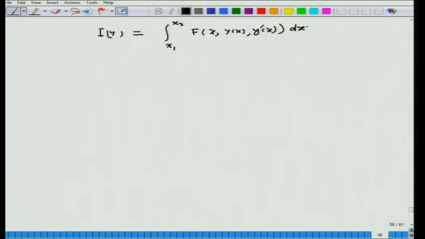We would apply this equivalent definition of the variation of the functional. We will consider I of y plus alpha delta y, differentiate it with respect to alpha, and equate that to 0.